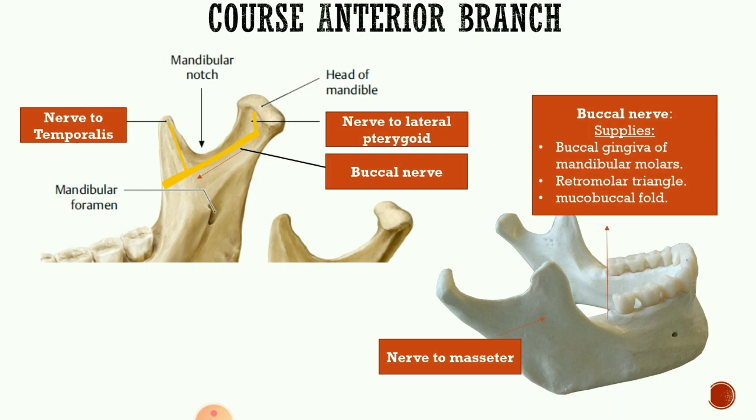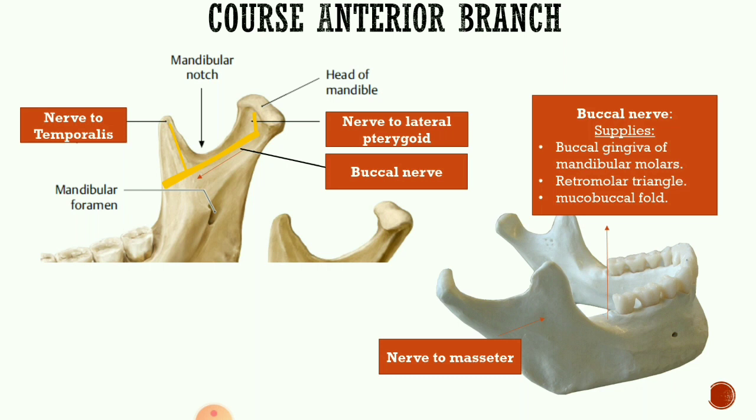We all know that the temporalis muscle is attached over the coronoid process. From there, after giving a branch to the temporalis muscle, it further travels downwards and forwards, and it emerges over the anterior border of the ramus of the mandible.